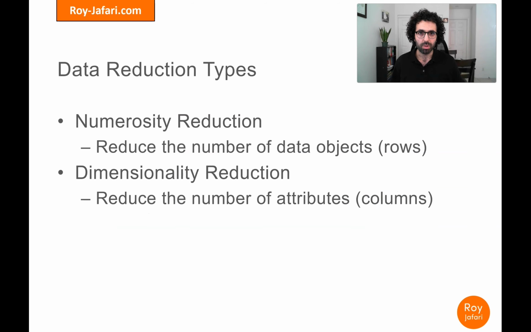One other thing that we need to know is that we have two types of data reductions. One is called numerosity data reduction, which is the act of reducing the number of data objects or rows in your data set. And then we have dimensionality data reduction, which is reducing the number of attributes or columns in your data set.